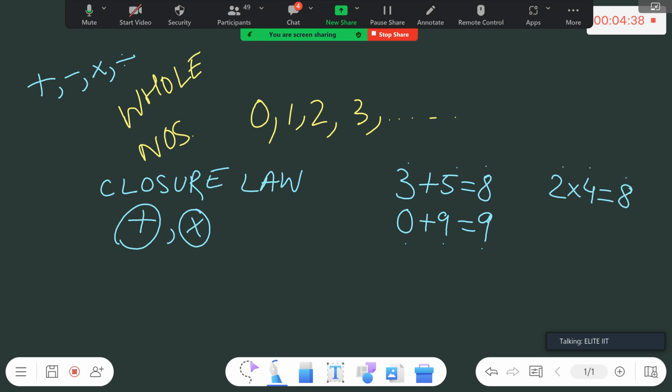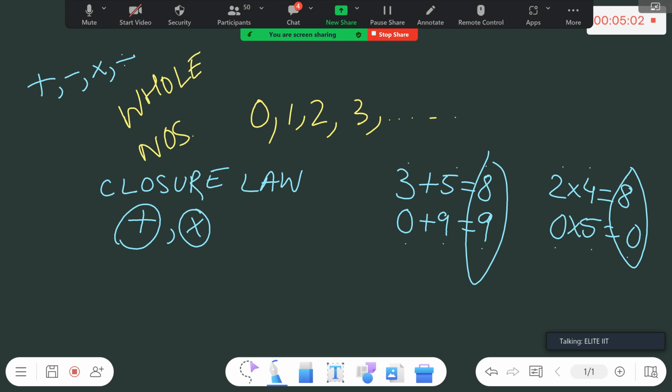Whole number into whole number gives you a whole number. 0 into 5 is 0. So this is closure law. If you do addition or multiplication of any two whole numbers, you will again get a whole number.